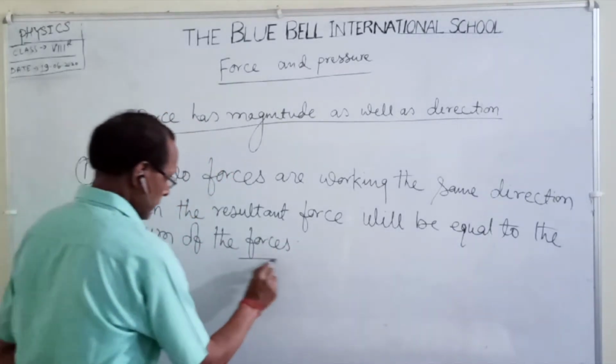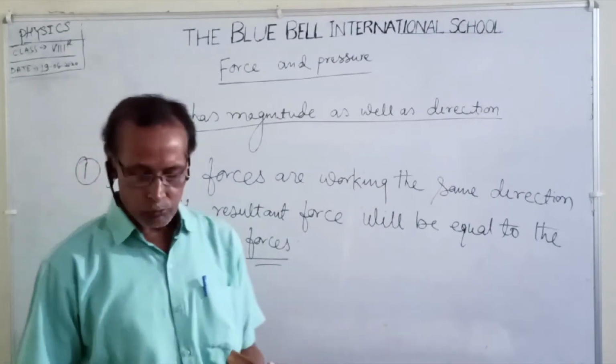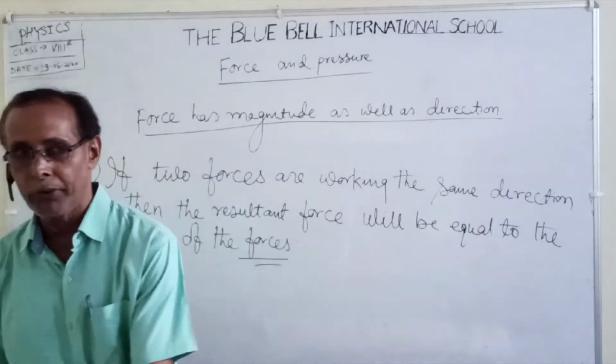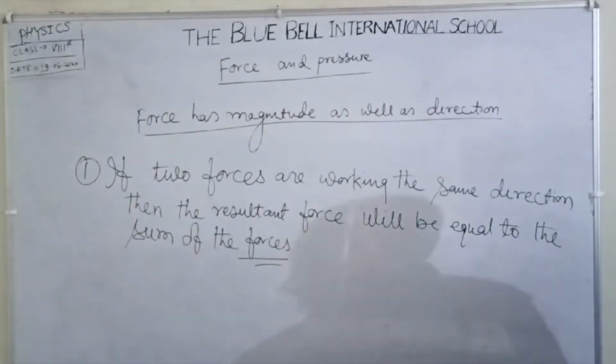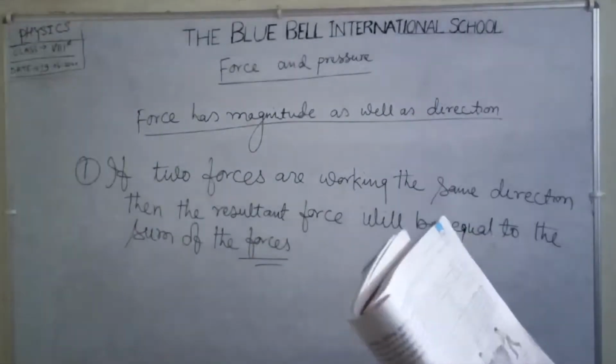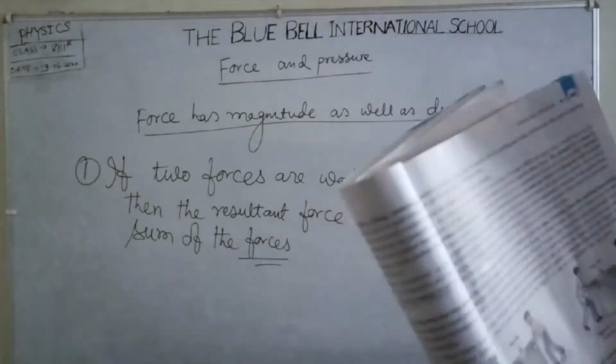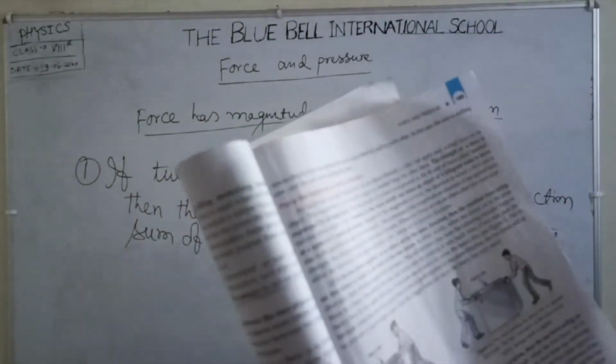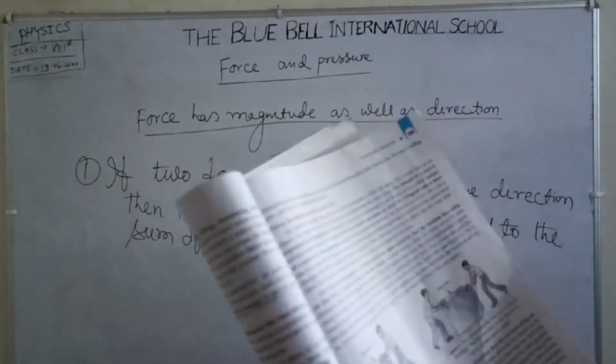What does it mean? It will become very clear from the figure. In this first case, we have a heavy box. When only one wire is applying a force, it is very difficult to move the box.